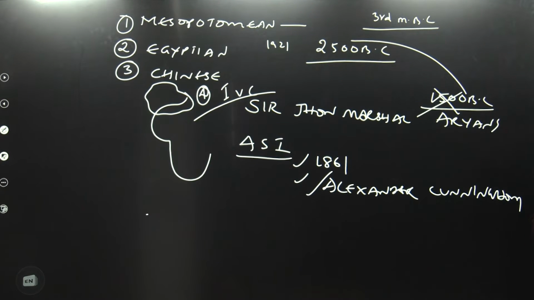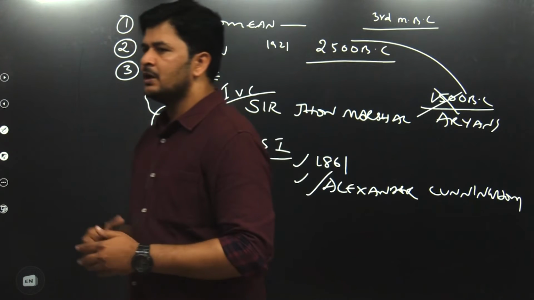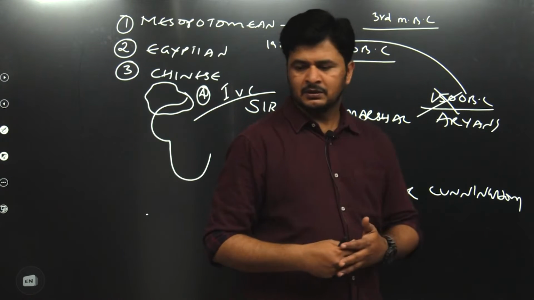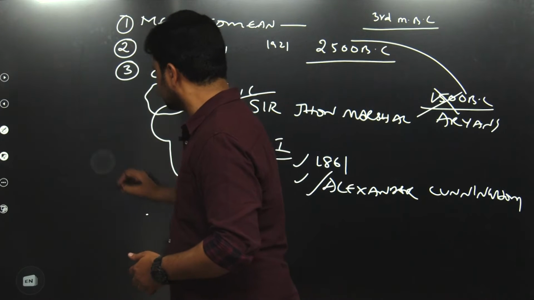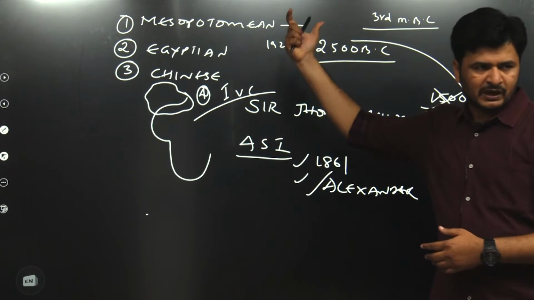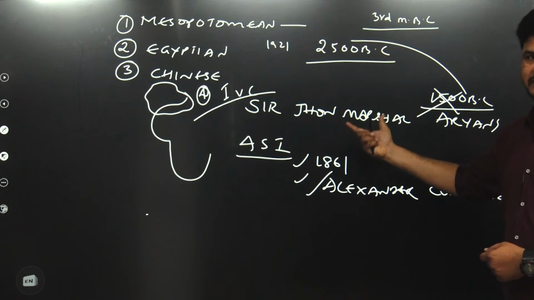So you understand, in this way, by the 3rd millennium BC, we found 4 contemporary civilizations. Mesopotamian civilization on the banks of the rivers Tigris and Euphrates. It's a previous question, match the following: on one hand, names of the civilizations, on the other hand, the respective valleys.